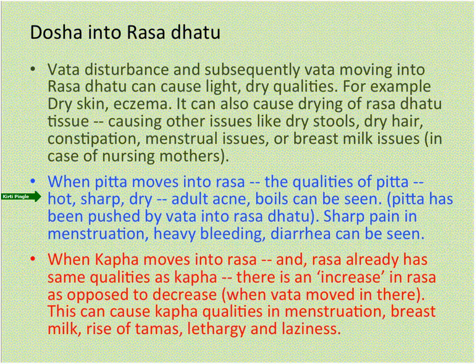Similarly, when Pitta moves into Rasa Dhatu, all the qualities of Pitta will reflect. That is hot, sharp, oily. All these qualities move into Rasa Dhatu, and the person suffers from issues like acne or pimples, boils. Then sharp pain can be seen during menstruation. The bleeding will be very heavy and prolonged.